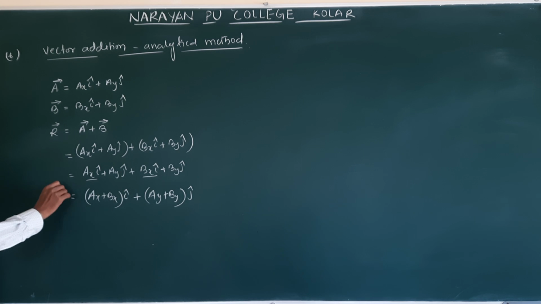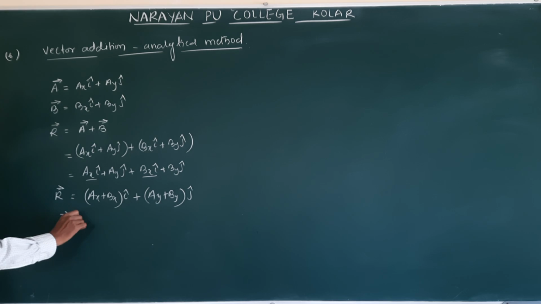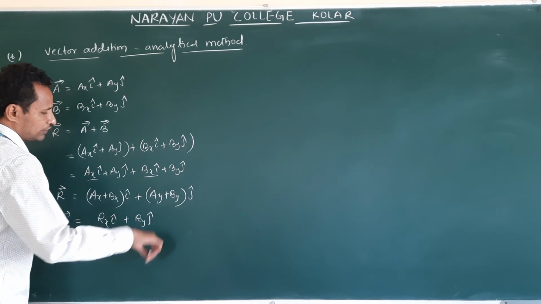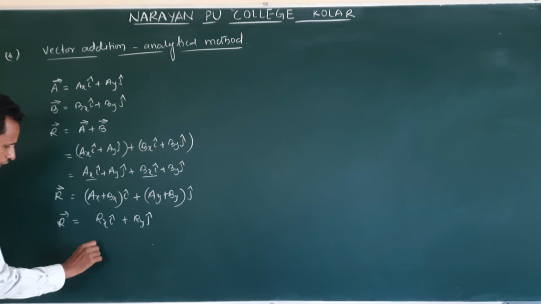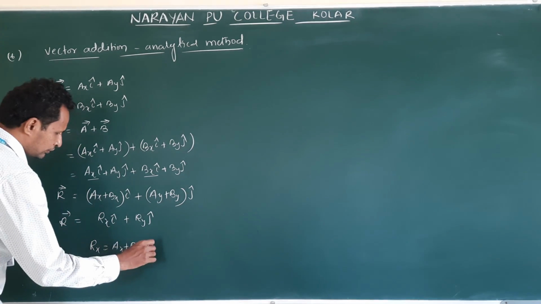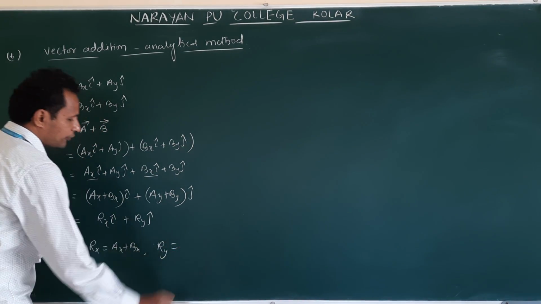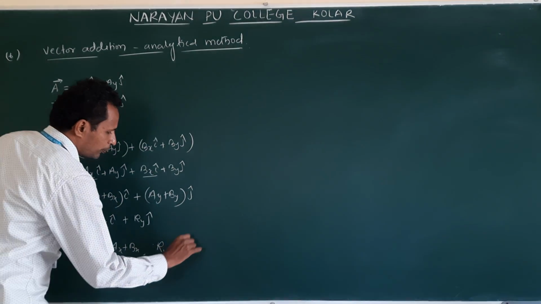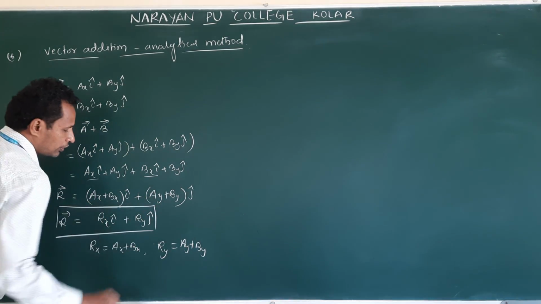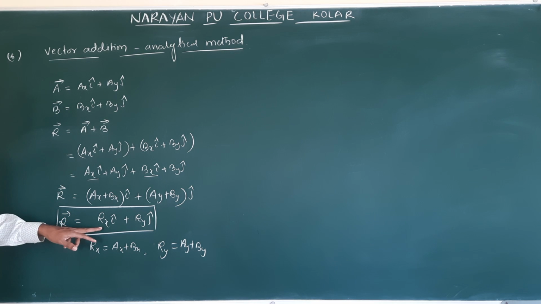So this is vector R. So we can write R is equal to Rx i cap plus Ry j cap, where Rx is equal to Ax plus Bx, and Ry is equal to Ay plus By. Clear? See this. By adding two vectors, again we got a vector in terms of i cap and j cap.